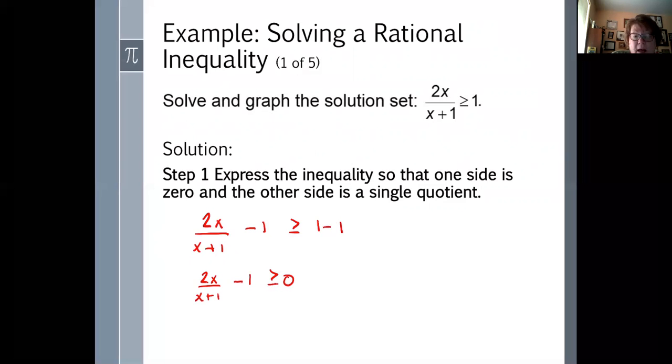On the left-hand side of this inequality, I have 2 separate terms. I can't do it that way. I have to have it as a single fraction. So I have to find the least common denominator and then combine these 2 fractions. In my case, there's only one: x plus 1. So I must multiply the negative 1 times x plus 1 over x plus 1.